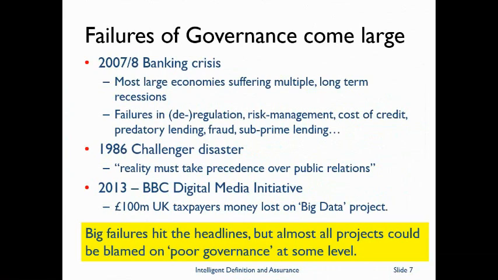The 1986 Challenger disaster, again, was an aspect of governance, and NASA failed the astronauts and the US community, in that their perception was that public relations was more important than the safety of the pilots in the space shuttle.